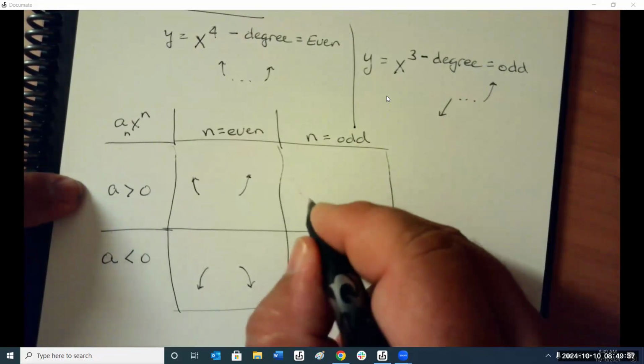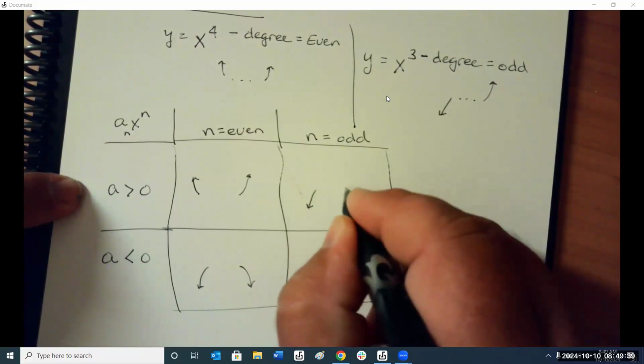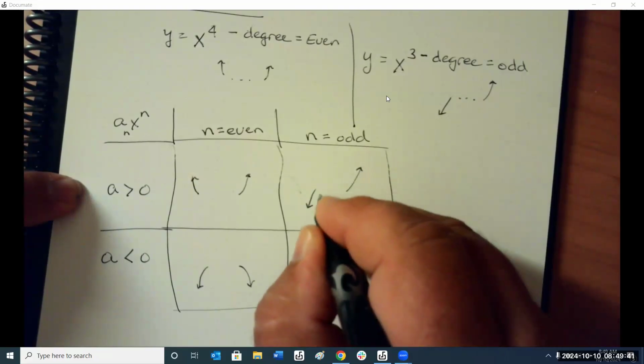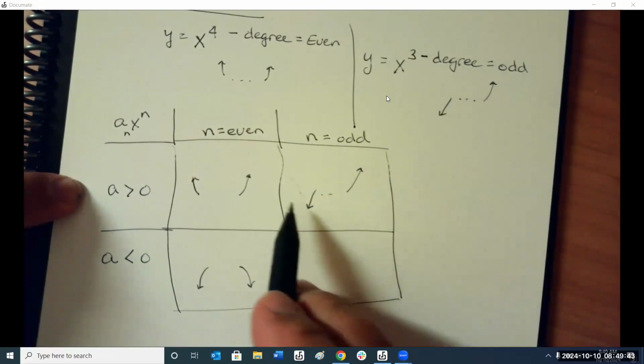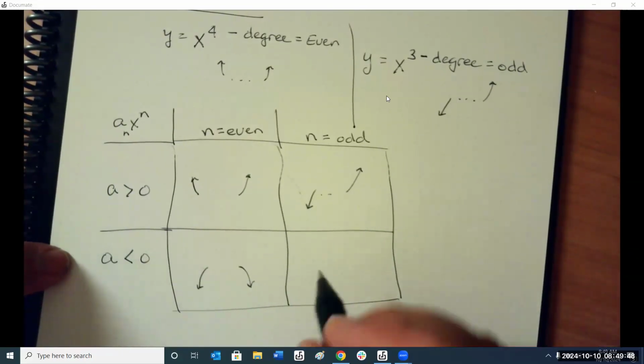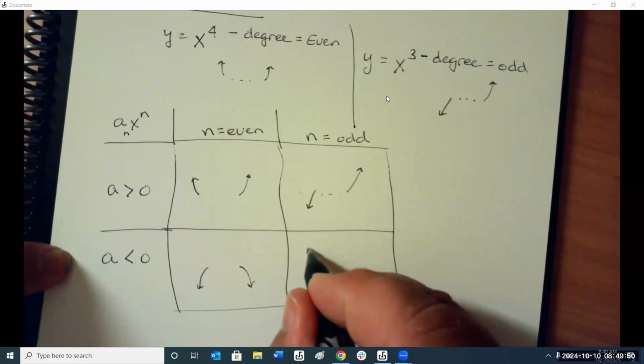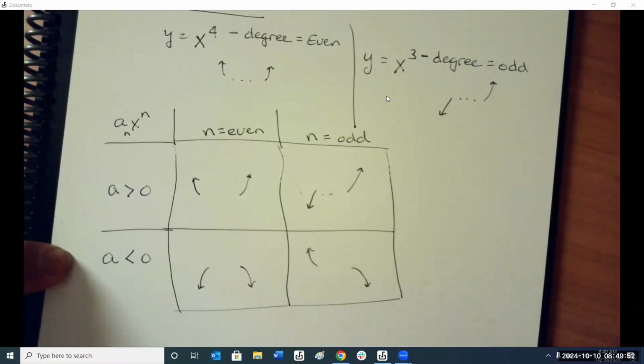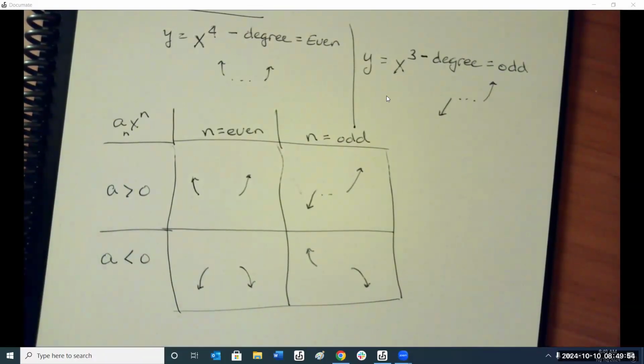If A is positive, the function is increasing, because as we read left to right, the graph is always going up. If A is negative, the graph goes like that.